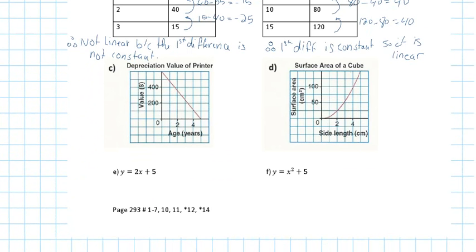So straight line, therefore it's linear. And the second one, not a straight line, so it's not linear.